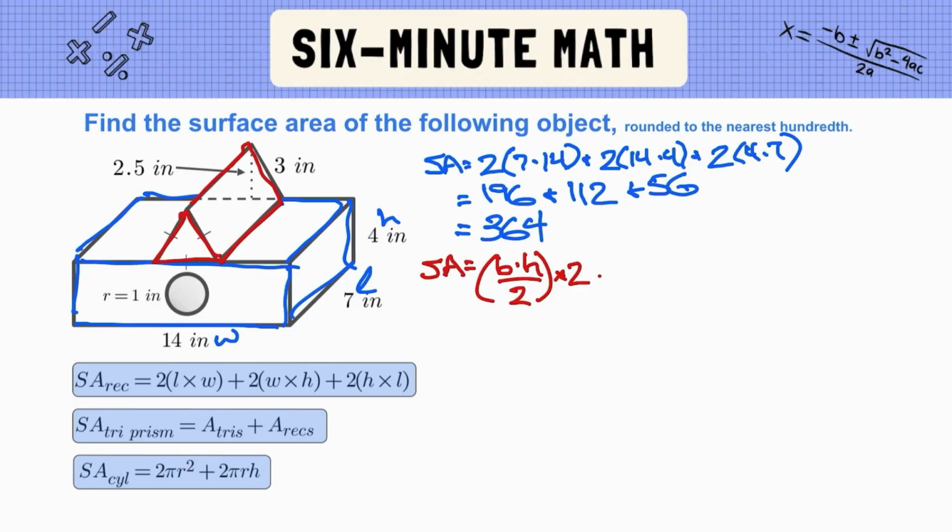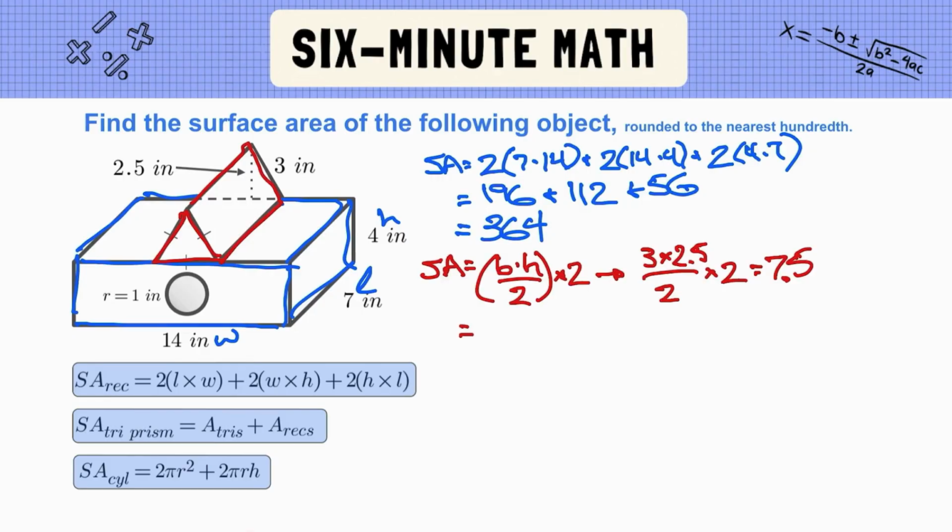My base is 3, my height is 2.5. So we have 3 times 2.5 divided by 2 times 2 for my triangles. So those areas of the triangles are 7.5.